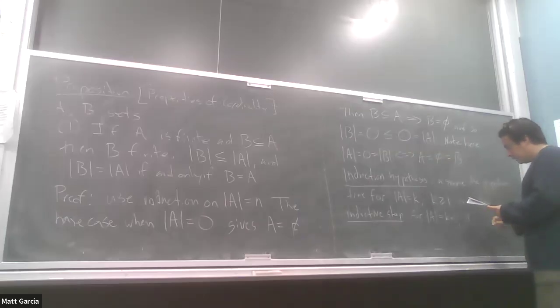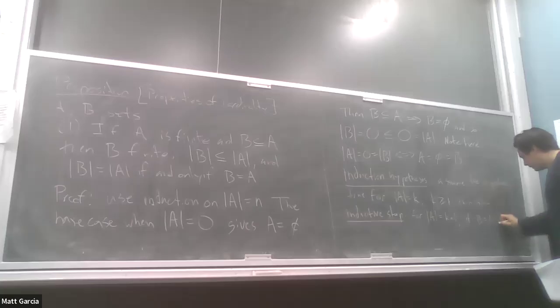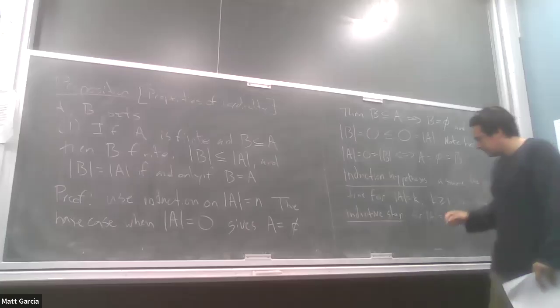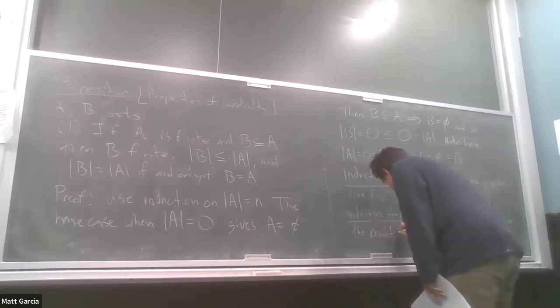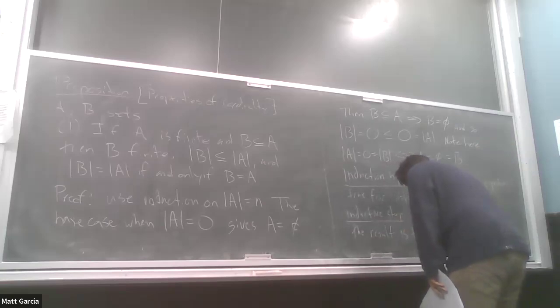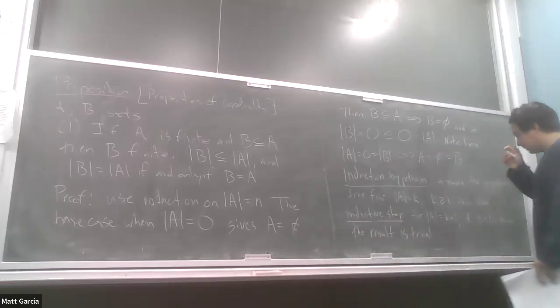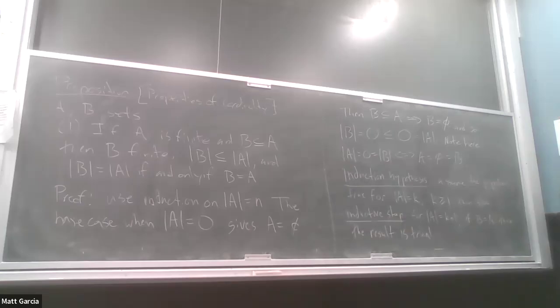If B is equal to A, then the result is trivial. Just by our definition of equality of sets, this means that there have to be the same elements in B as there are in A, right?